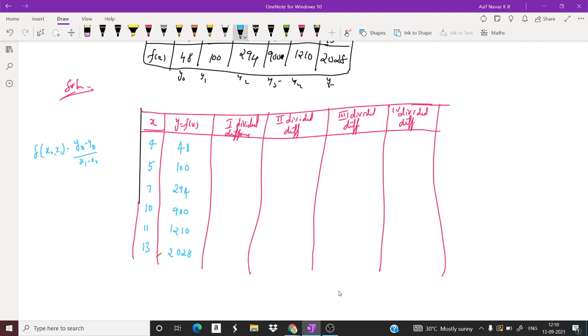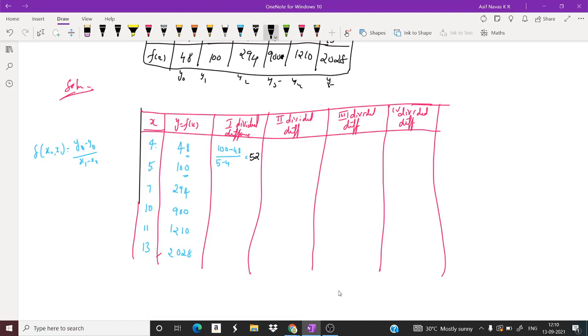So y1 is 100 minus 48 divided by 5 minus 4. So the value is 52.